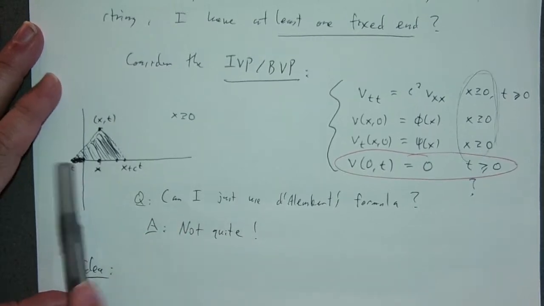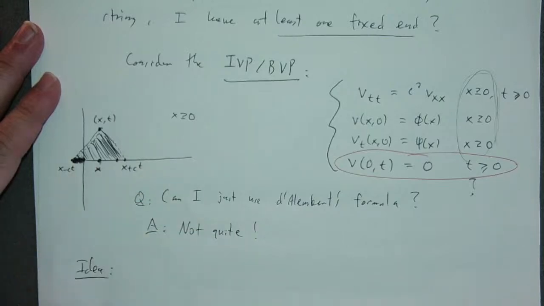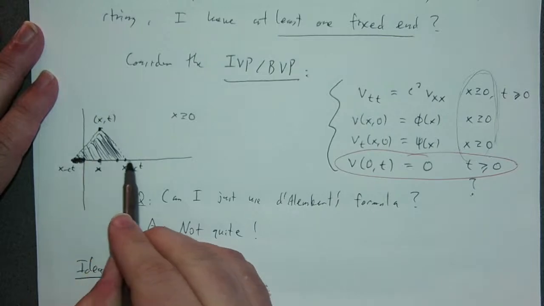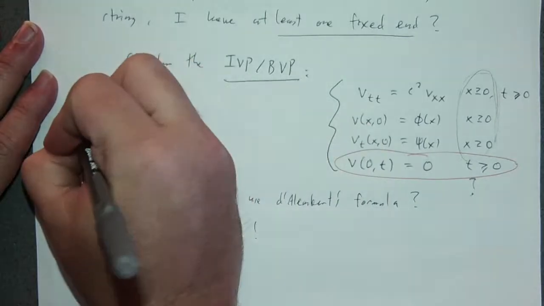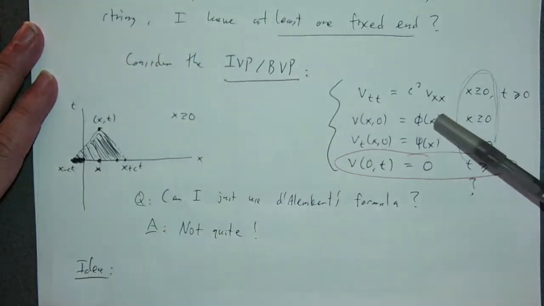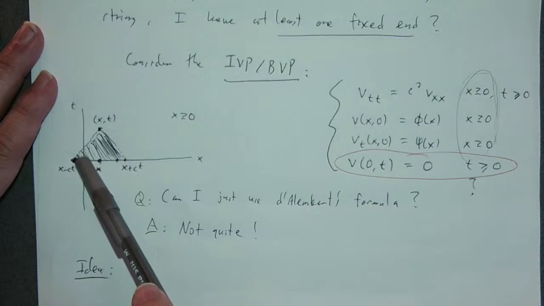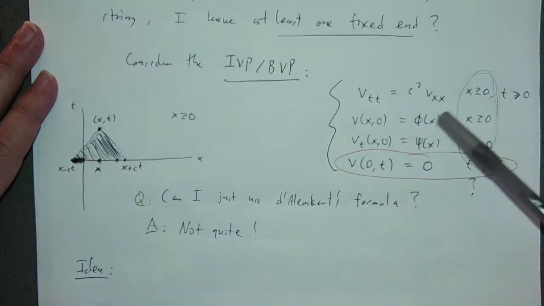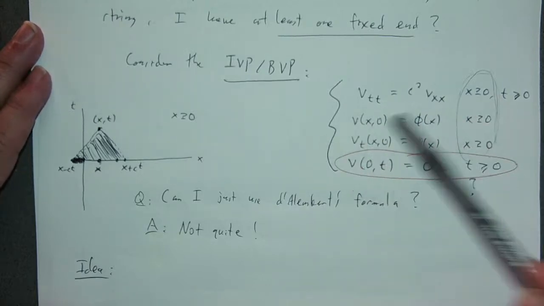Well, I need info about points here, and I don't have it. Info here on the x-axis, the t equals 0 axis, is given by the initial data. t equals 0 is this x-axis. So any info I need about points here comes from the t equals 0 values, the initial values. This is the info that I seek.